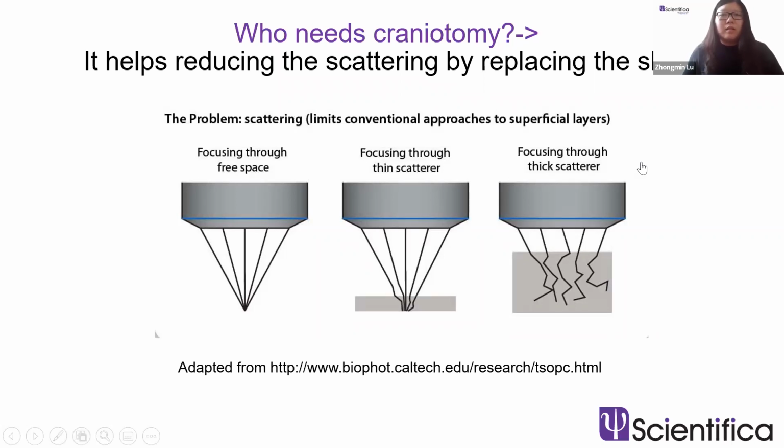Why? That is because the skull is a highly scattering tissue. If you don't remove the skull, you pretty much end up like this. You almost don't have efficient focusing, not to mention efficient excitation to begin with.